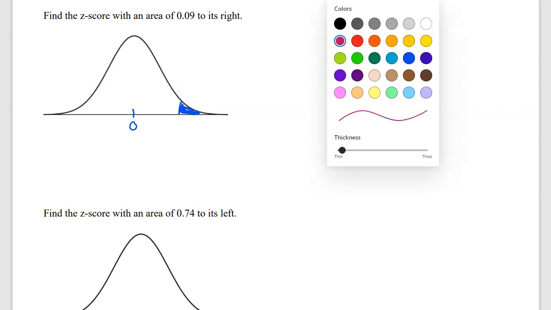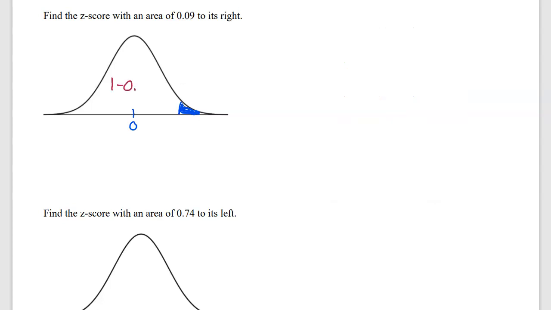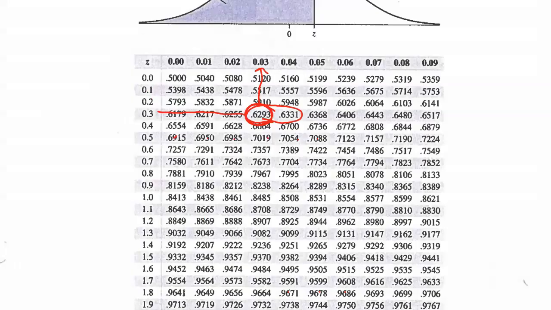Okay, so over here is 1 minus 0.09. So 1 minus 0.09, that's going to give me a 0.91 for in here.